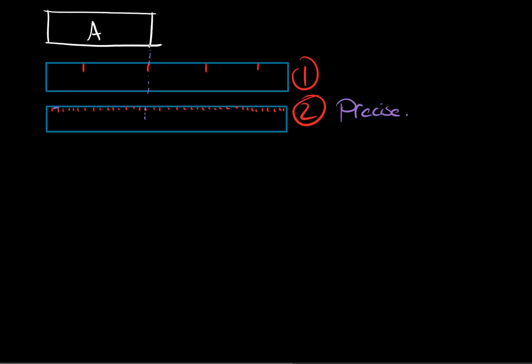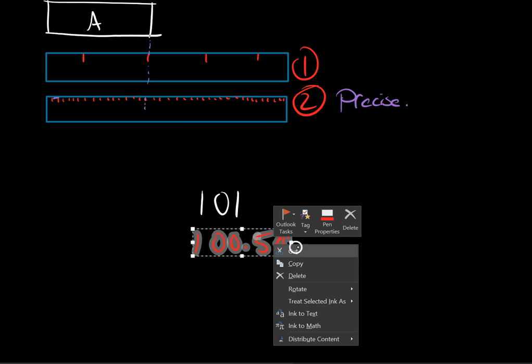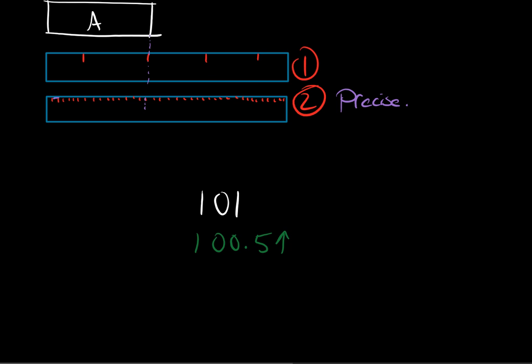So what that looks like is, if I give you, let's say, 101 exactly, that's your number there. 101, remember, could technically be, based on how rounding works, 100.5 that was then rounded up, and I'm actually going to use a green color for rounding. Or it could have been 101.4 and then rounded down.